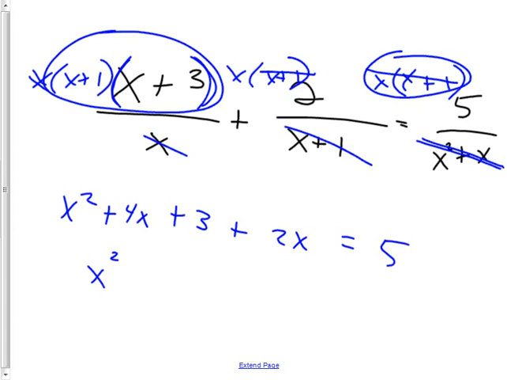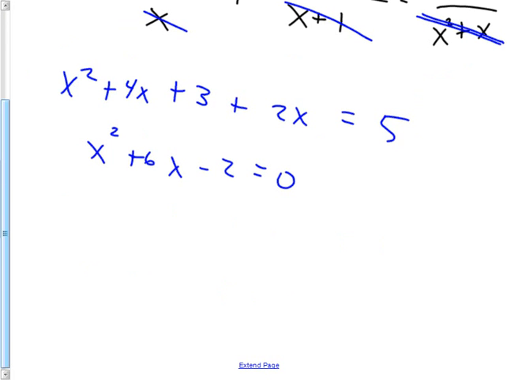And then I've got x squared plus 4x. Oh wait, 4x and 2x, we get 6x. And then the 5 comes over, minus 5. And then I think I made one that doesn't factor again. Oh, and the 3 still doesn't factor, but at least I've got it right. Okay. So now you'd have to use the quadratic formula.